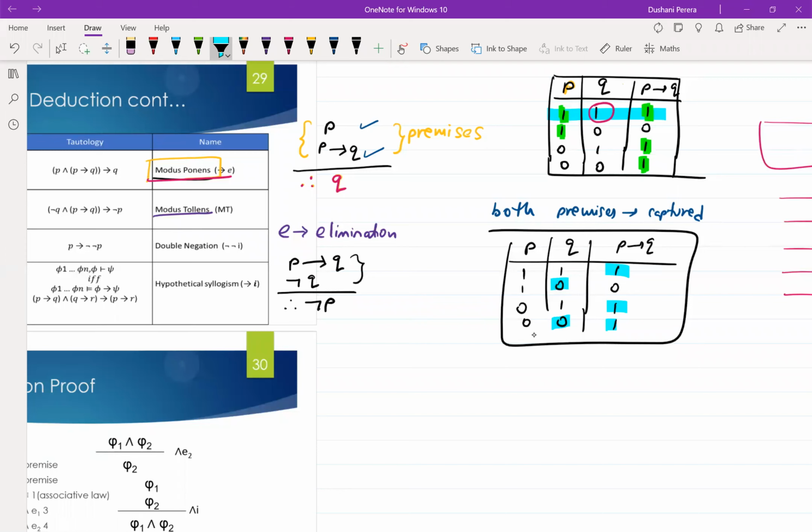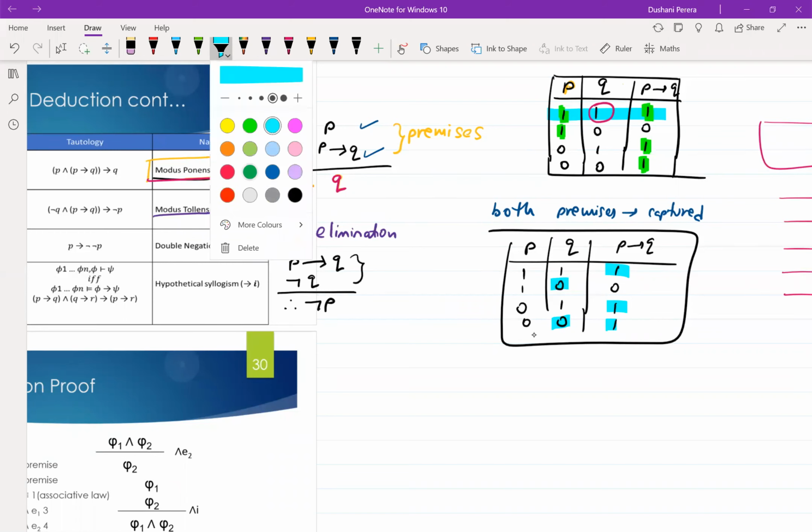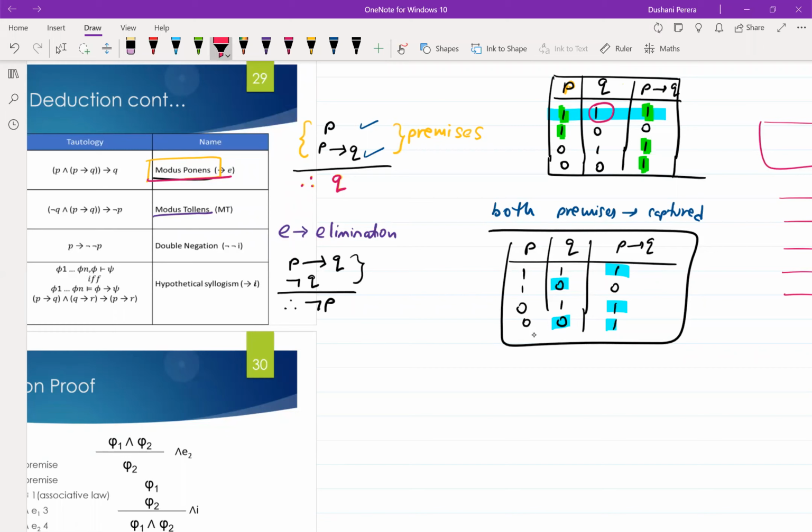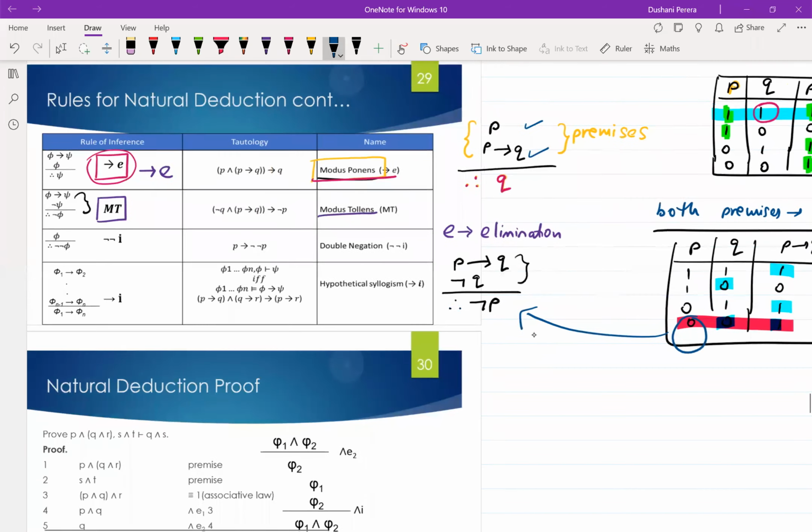So which is the case that captures all the three valuations? It's this case. All three are captured here. So that line says that P is false. That means negation P is true. So we need to take the set of combinations of values for P and Q where all the premises we are being given are captured.